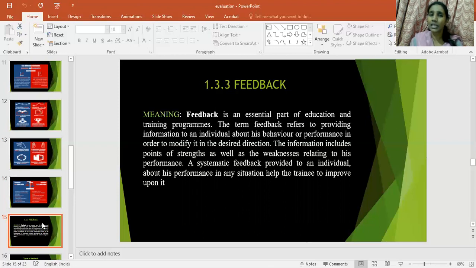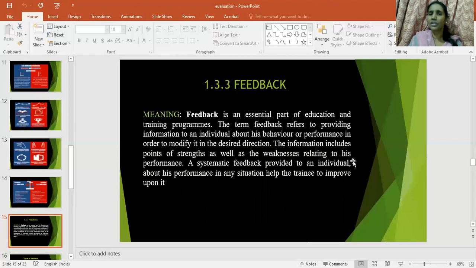That is the feedback. After getting that feedback, the learner gets a picture of how they are going to improve themselves. They will get a clear picture of where they are, so that they can improve in the next session.